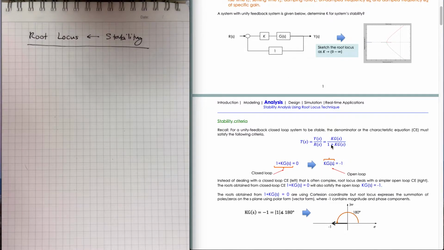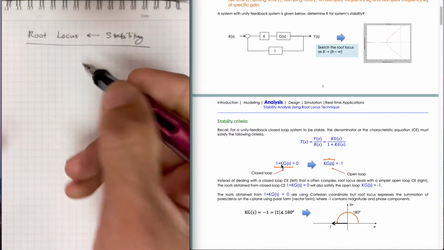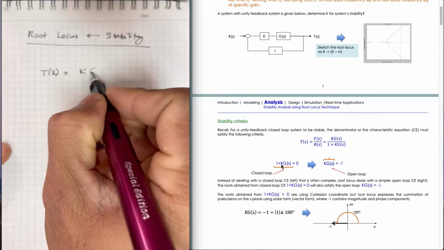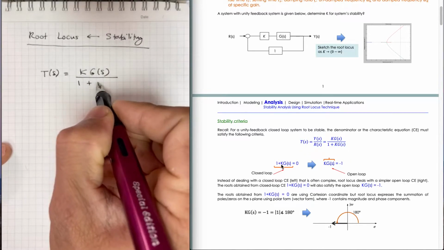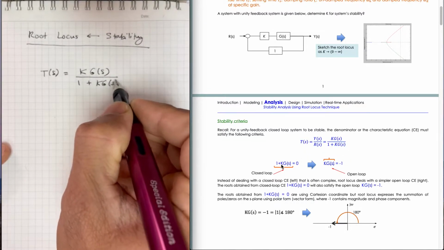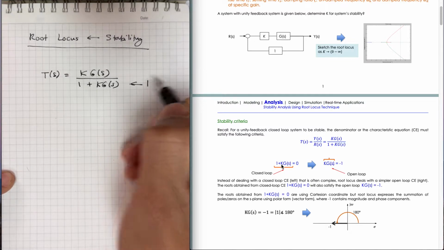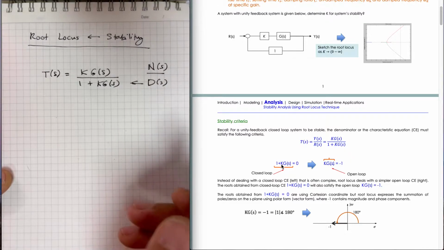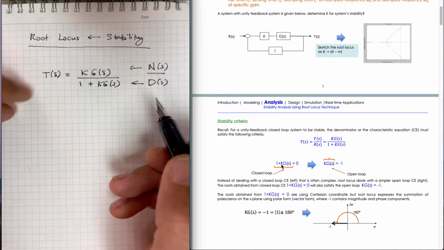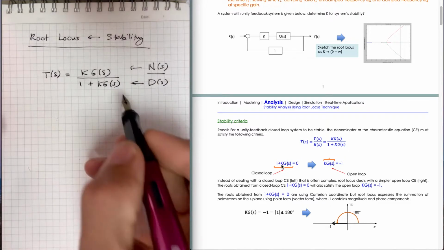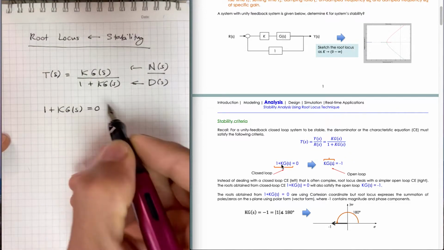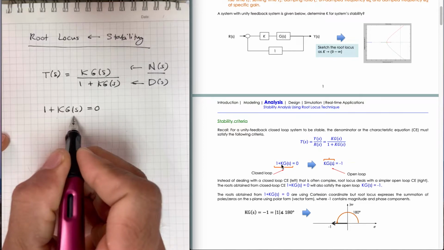From this closed loop system, we know that 1 plus KG(s), let me draw this. This is our system, KG(s) over 1 plus KG(s). This is our denominator, and this is our numerator. Now, 1 plus KG(s) equal to 0, that is how we find the roots.